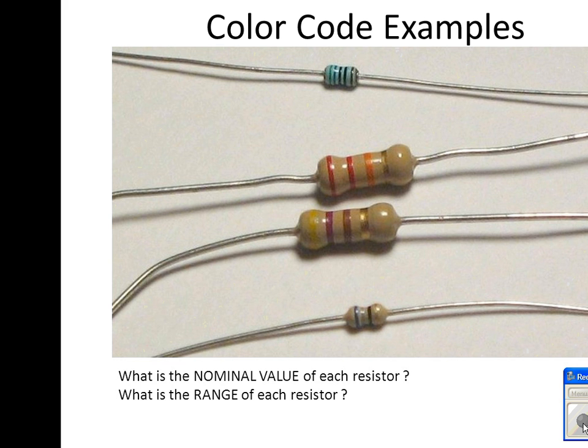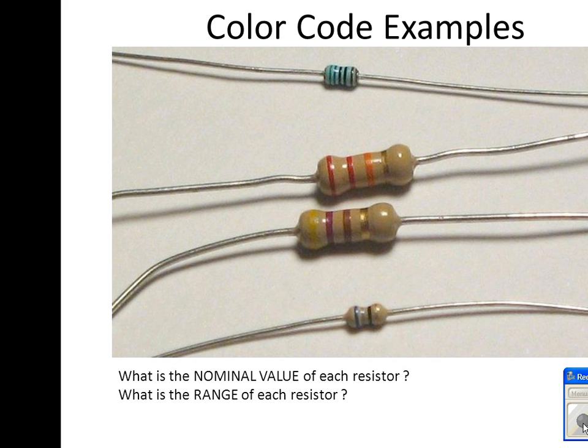What is our percentage with gold? 5%. So 105%, 1.05 times 22,000 is what? 23,100. Okay, now what is 5% low? That's 95%, right? So 0.95 times 22,000 is what? 20,900. Okay, good enough.